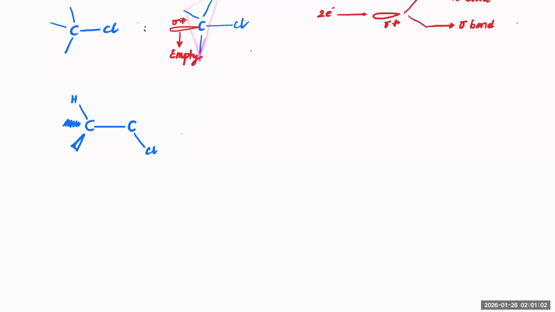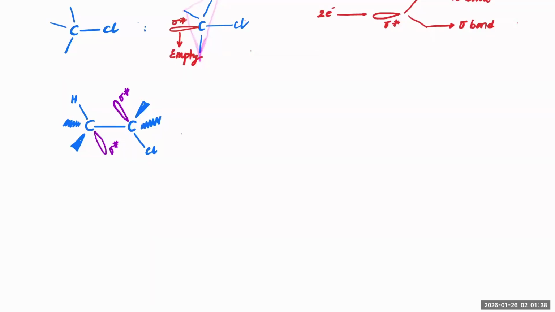Other is coming outside. Likely here also one group is coming outside. The other group is inside this way. Okay. Now let me establish where are the sigma star orbitals. This is the sigma star orbital of carbon-chlorine bond. Okay. And this is the sigma star orbital of carbon hydrogen bond. Got it?